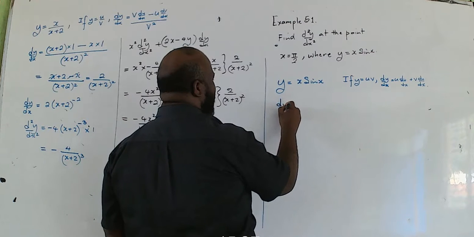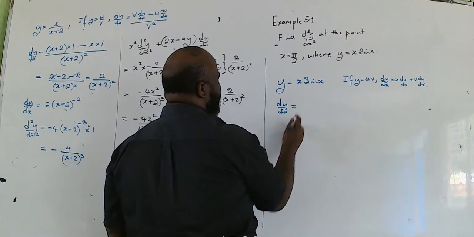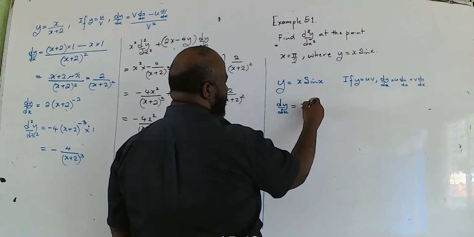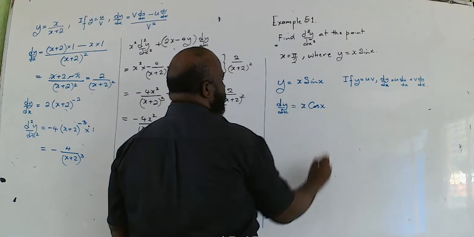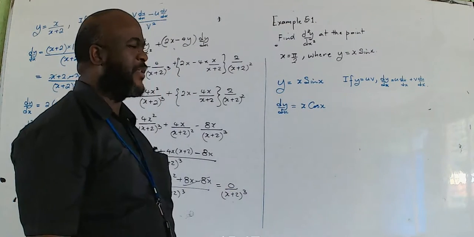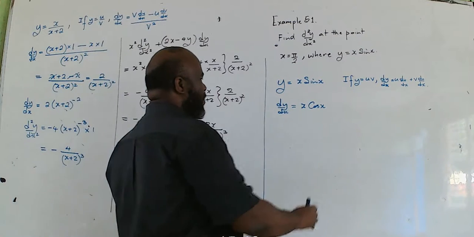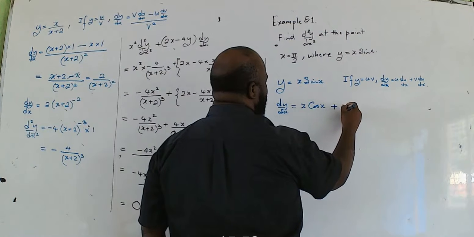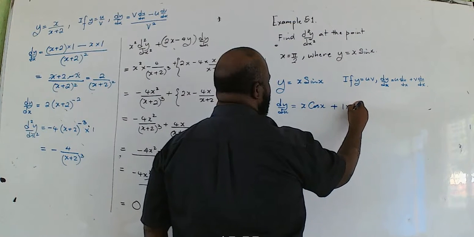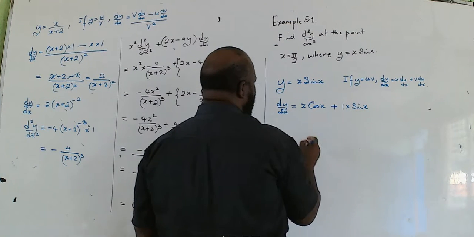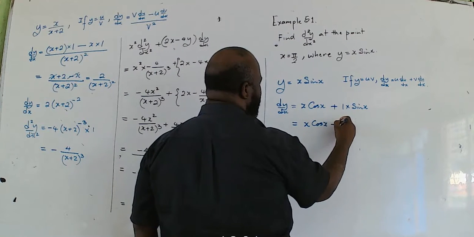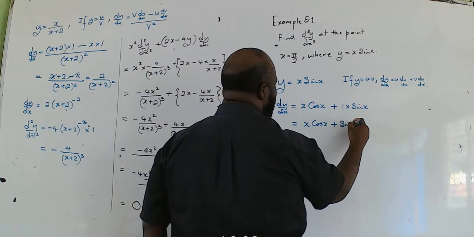So dy by dx is equal to, leave the first, differentiate the second. When you differentiate sine x, you get cos x, plus differentiate the first, which is 1, leave the second, sine x. So this becomes x cosine x plus sine x.